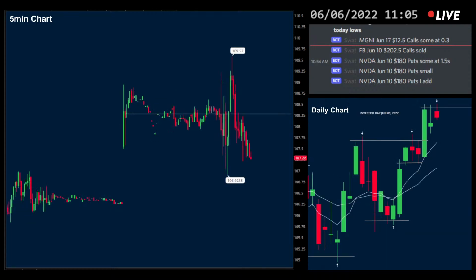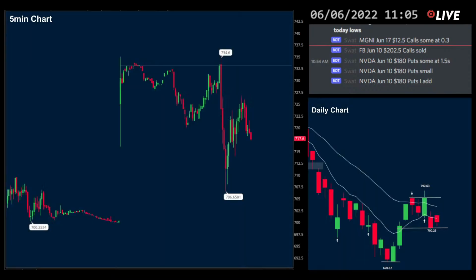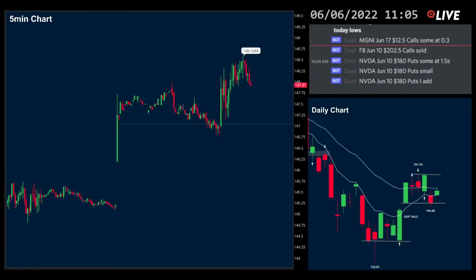Tesla fading again. This market is all over the place. Once again on Apple, bear flow on Apple. Not sure if this will play out. They may be looking for that gap to fill on Apple, but who knows?